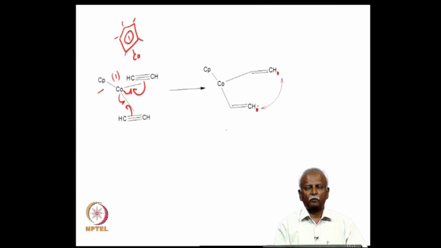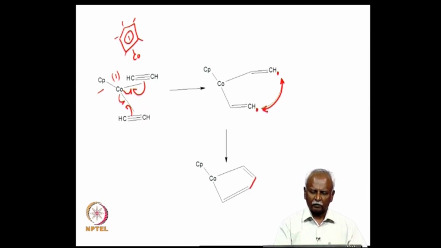A covalent bond has been formed between cobalt and carbon, and a diradical species is formed. If we now form a bond between these 2 CH units, as indicated by this arrow, then what you end up with is the formation of a metallocyclopentadiene. The new bond that is formed is marked in red here.